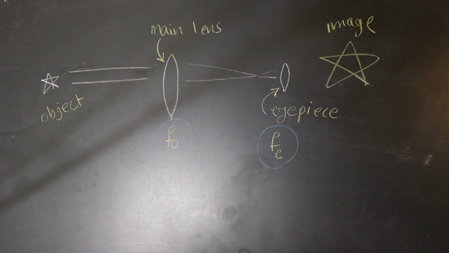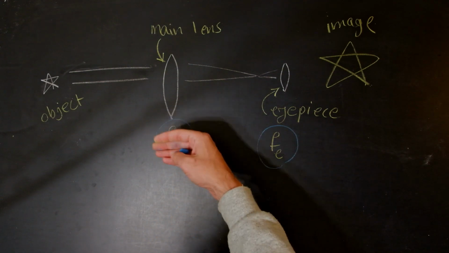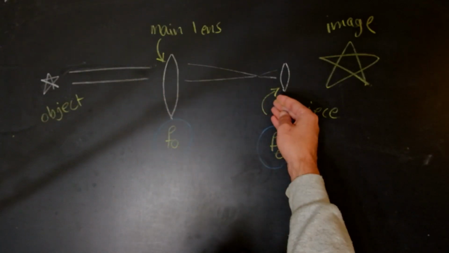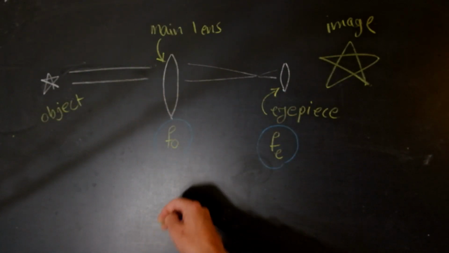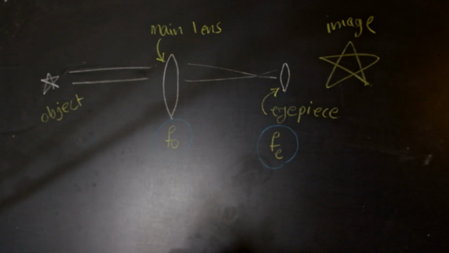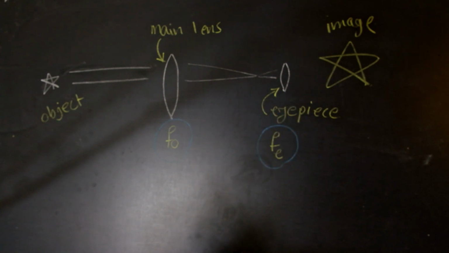Okay, now let's see how a simple telescope works. So we have the first lens, which is the main lens with longer focal lengths. And then we have a smaller lens as eyepiece with shorter focal lengths.